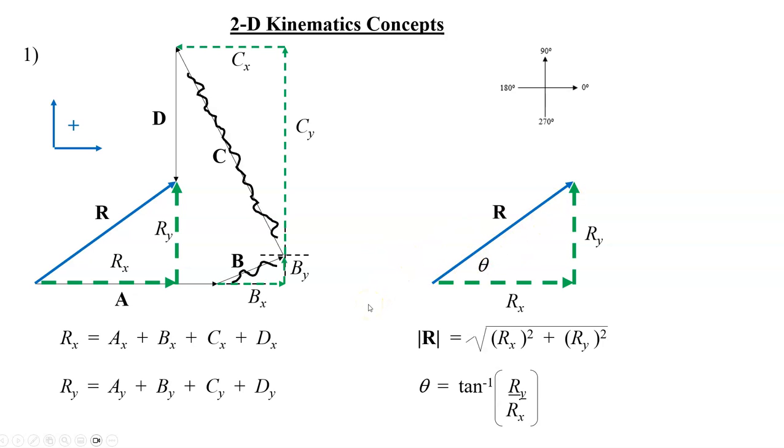Okay, so these are the generic steps. First step, resolve everything into x and y components. Second step, you're imagining building a right triangle around the resultant vector so you can visualize its components. Third step, setting a positive direction. Fourth step, mathematically combining all the like components, all the x components together, all the y components together.